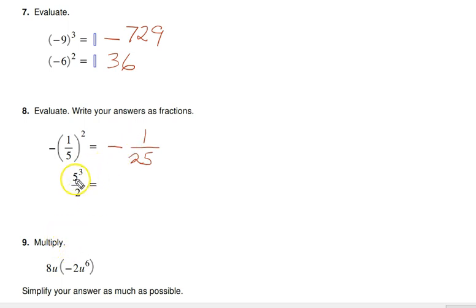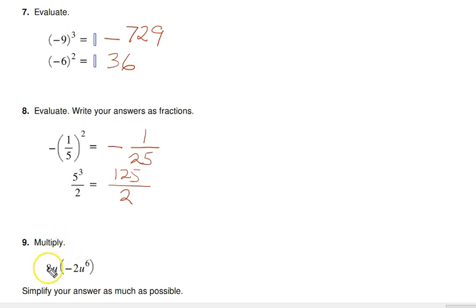Now here we're going to cube 5. 5 times 5 times 5 is 125. And 2 is not cubed here. That's over 2. So we've just simplified things here.